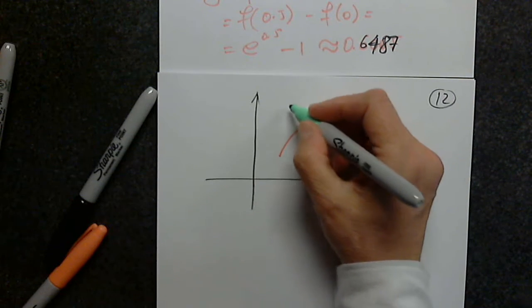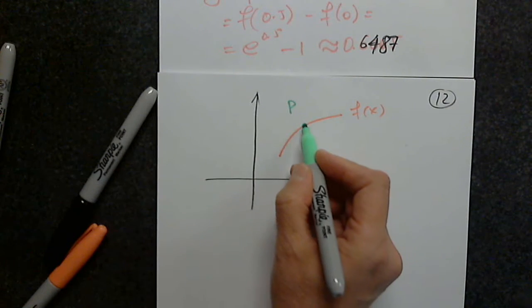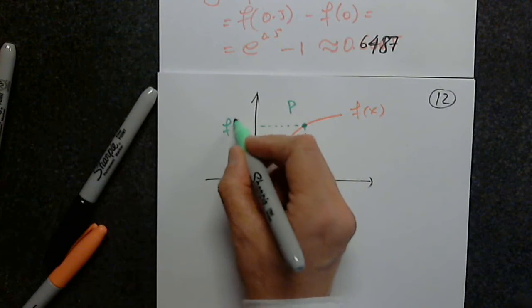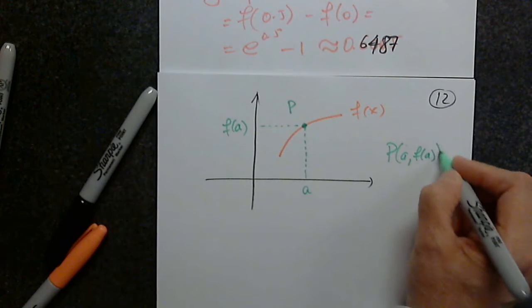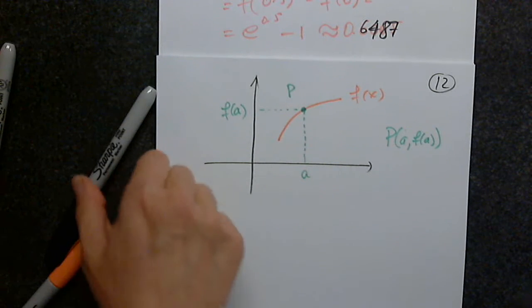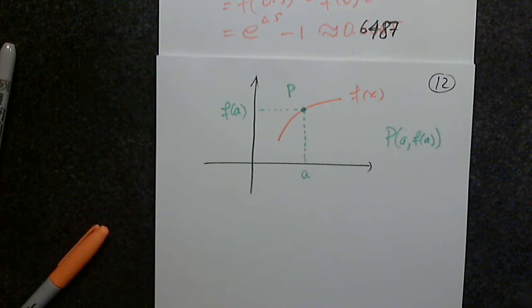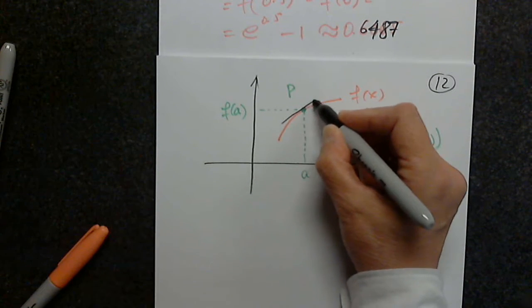So here is P, but now this is a, and this is f of a. So then the coordinates of P are a, f of a. What do you think I'm going to draw next? Of course, the tangent, right? Okay, the tangent at P.